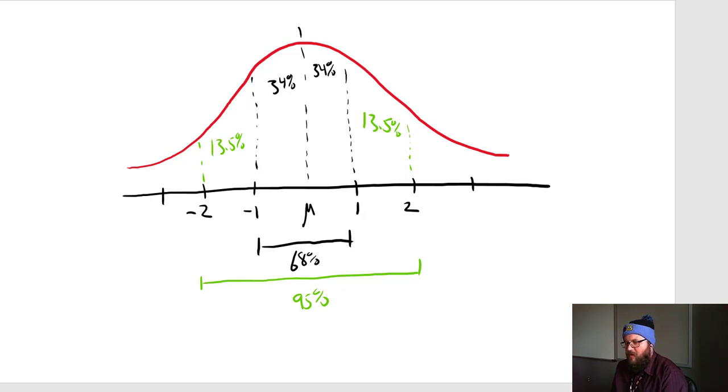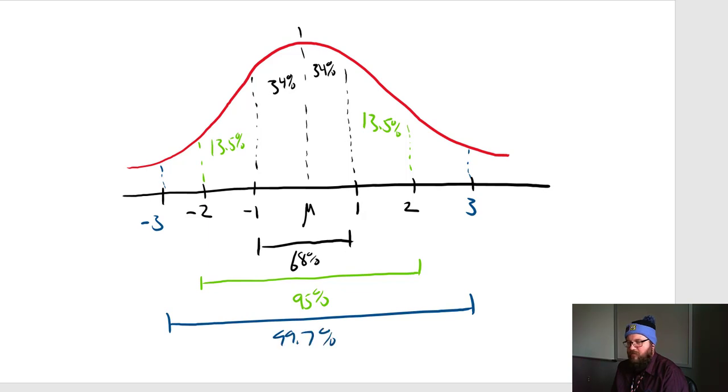Okay. Then going on to the third, and our -3rd, we're sitting at 99.7%.